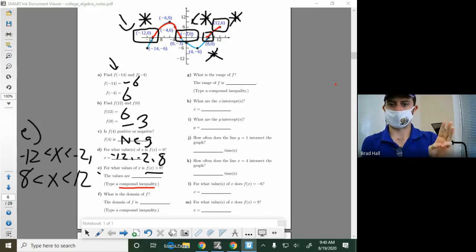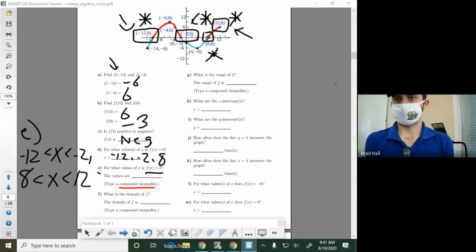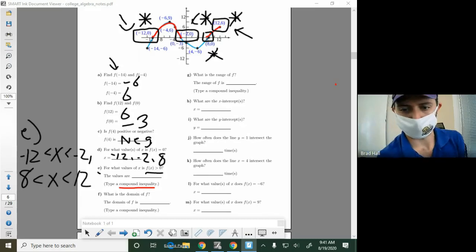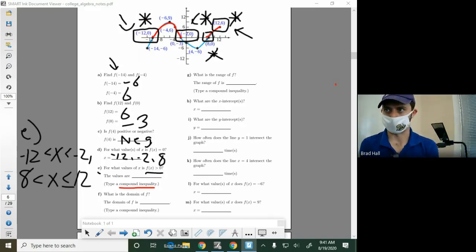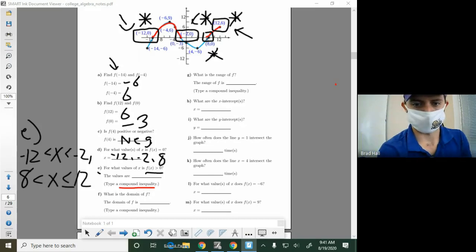So I excluded them. I used strictly less than. Notice this rightmost point up here is not on the x-axis, which means I don't have to exclude it, which means I include it. So notice on the 12, there's now an equal to part. Part E is a little tricky, so that's why I wanted to point this out to everybody. So for part E, there is an equal to component for the 12. This would be your answer for part E.